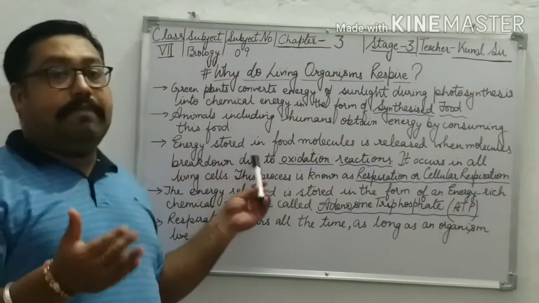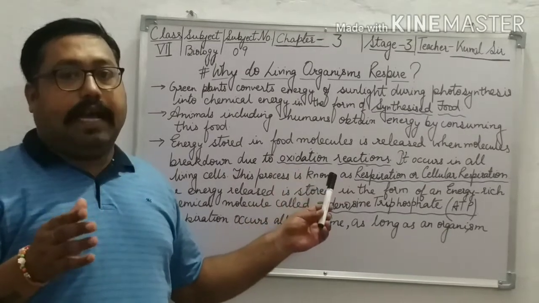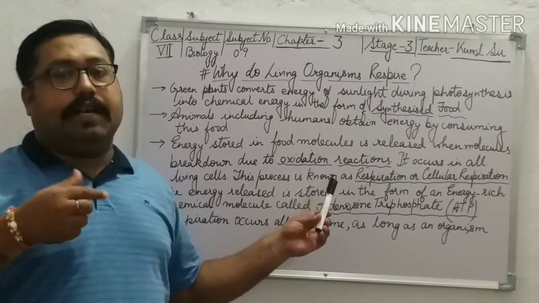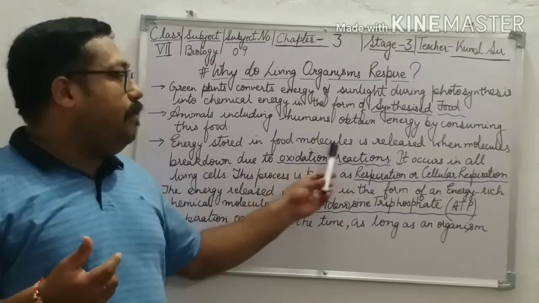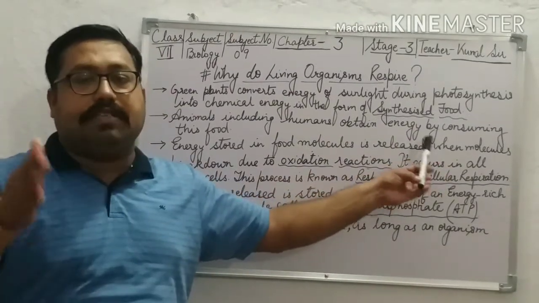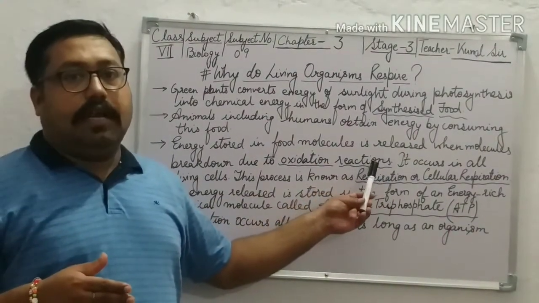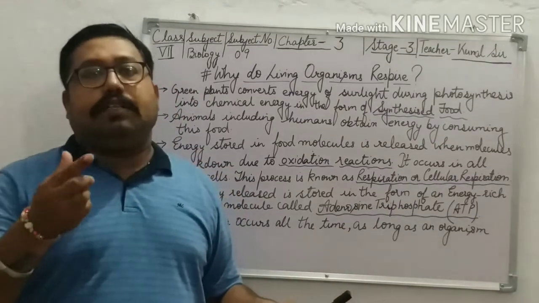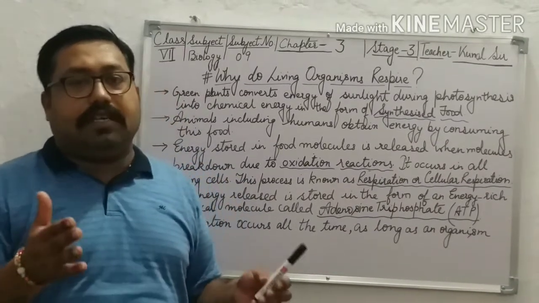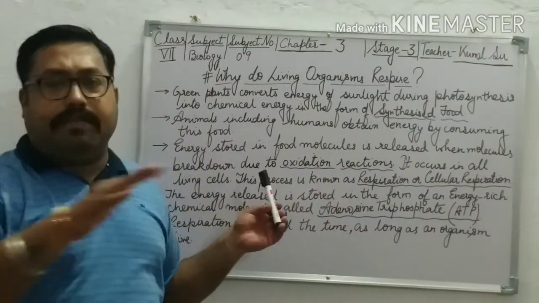Okay, so what is happening here? Energy is stored in the food molecules. The energy which is stored in the food that we take is released when food molecules are broken down due to oxidation reactions, and this process requires oxygen, and it occurs in all living cells.